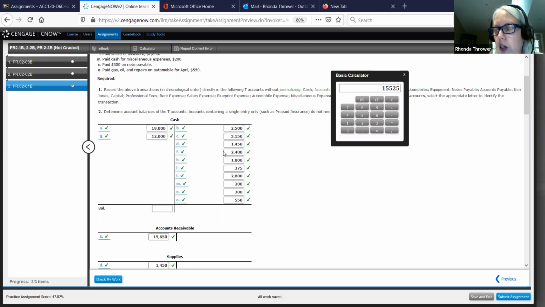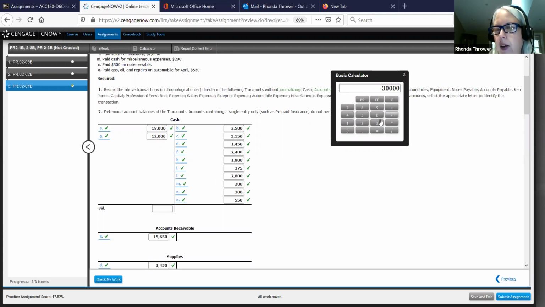My debits to my cash account are increases. My credits are decreases. So I'm going to subtract my credits from my total debits to get the balance in the cash account. 30,000 was my total debits.